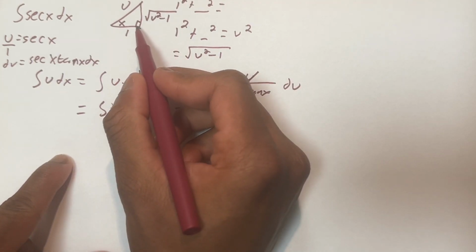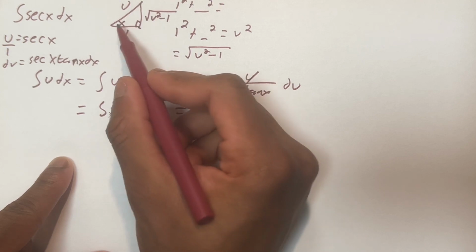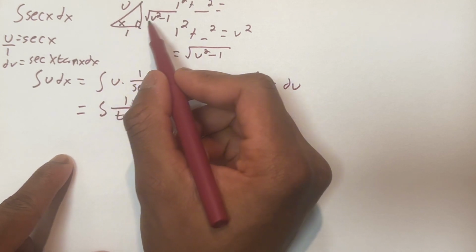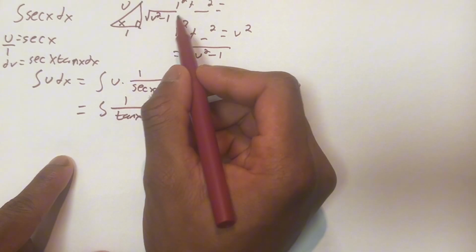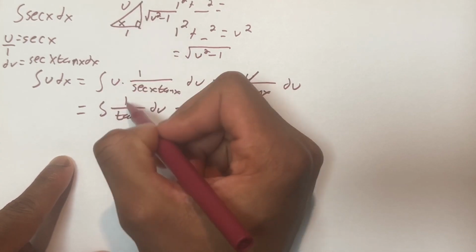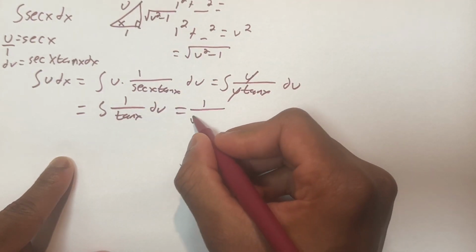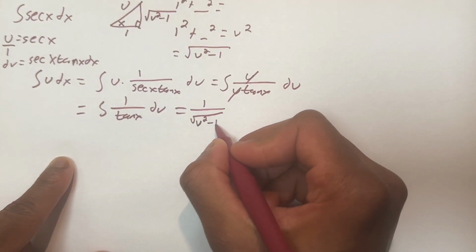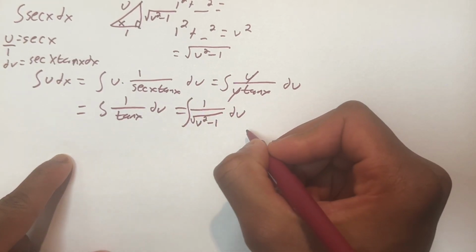So what is tangent x? If we look back to our triangle, what's tangent? Opposite over adjacent. So we'll have the square root of u squared minus 1 over 1, but it's on the bottom, so let's take the reciprocal. So we have the integral of 1 over the square root of u squared minus 1 du.